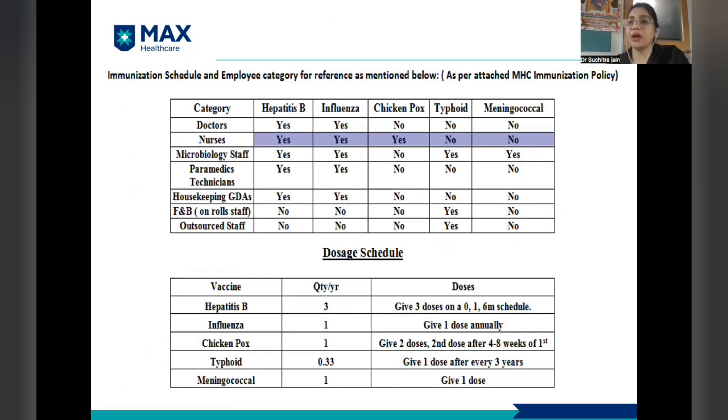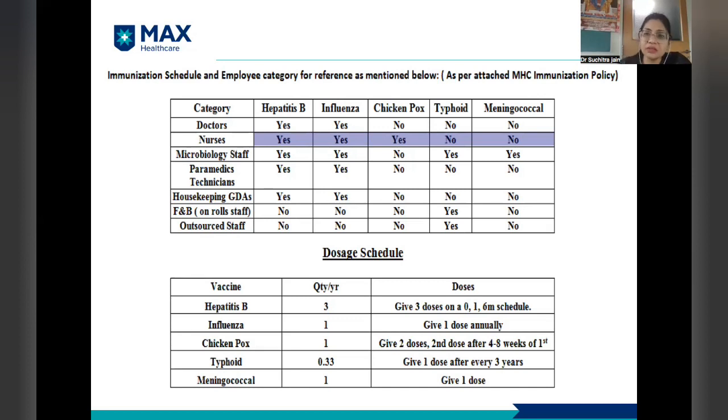In our health setup, there are certain categories of immunization, and this is for occupational health hazards. We can say this is important that we should be looking at immunization status. So usually for the doctor nowadays hepatitis, influenza, as well as the COVID vaccination is given.